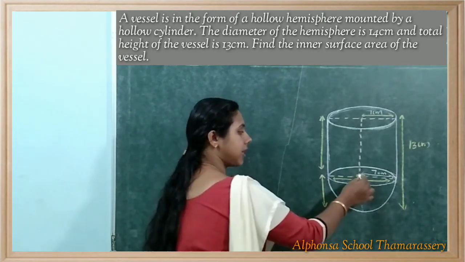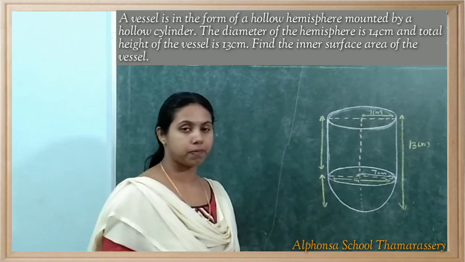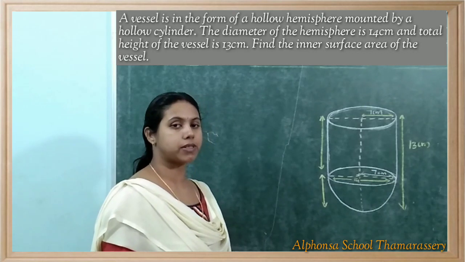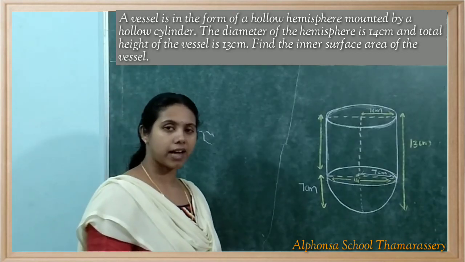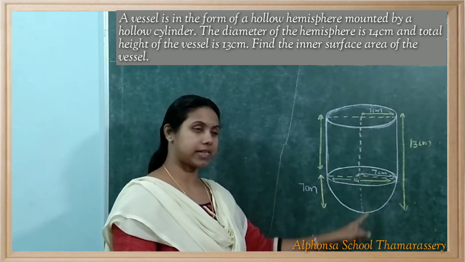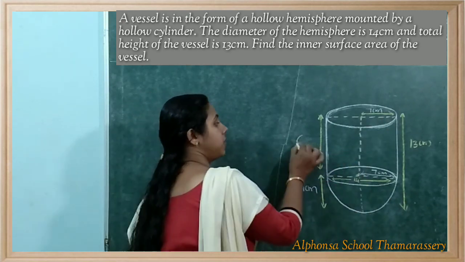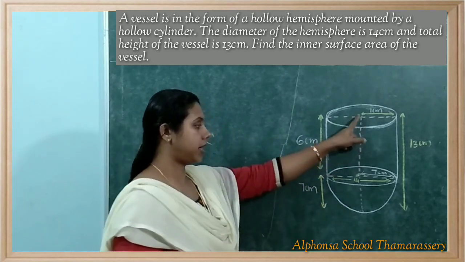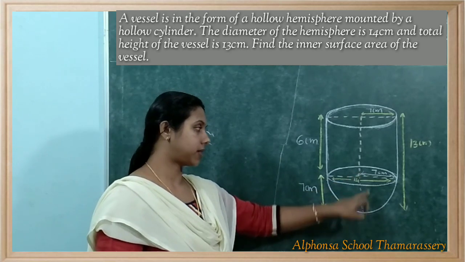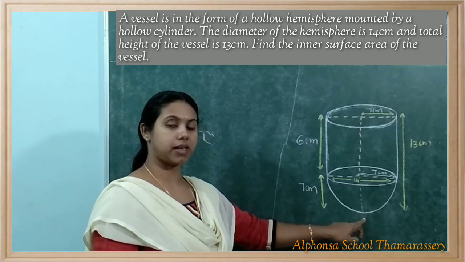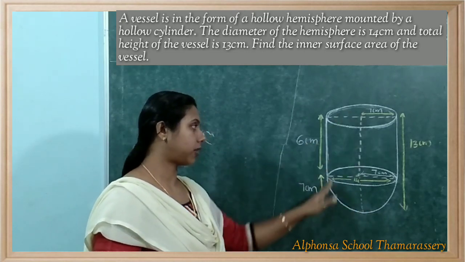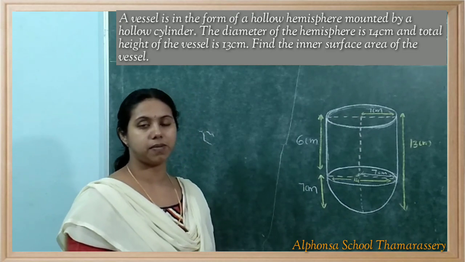The height of the hemisphere is equal to 7 centimeter because that's a radius. So the height of the cylinder is equal to 13 minus 7, that is equal to 6 centimeter. So 6 plus 7, total height is 13 centimeter.